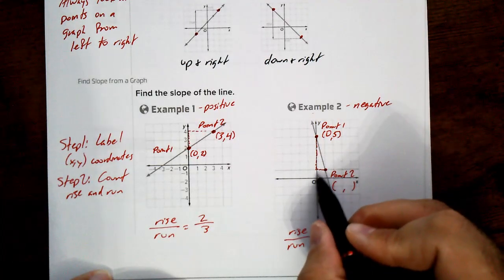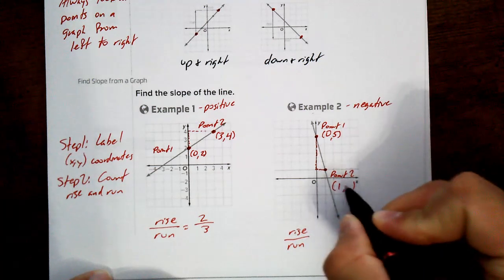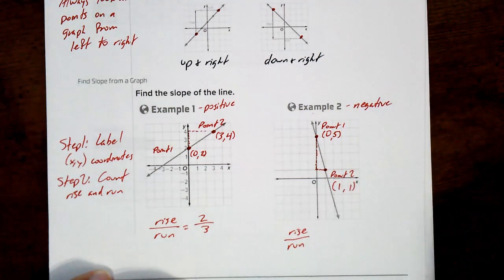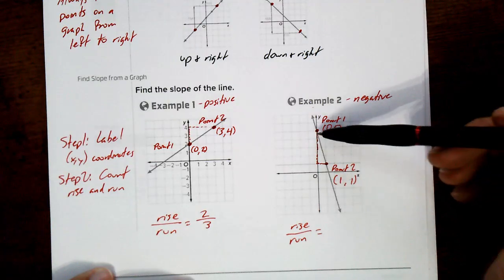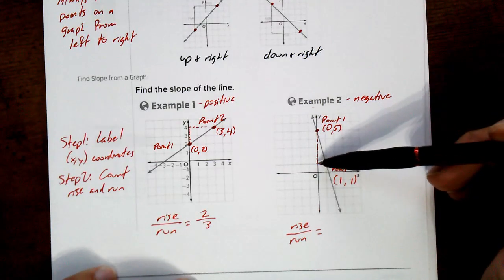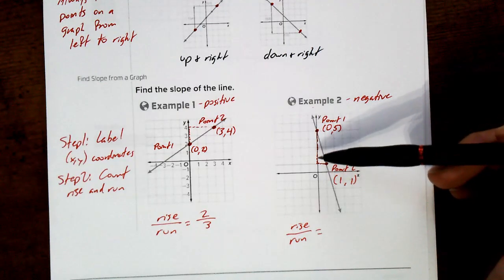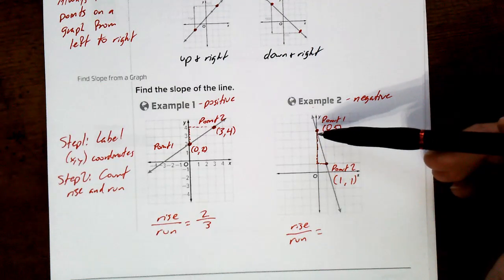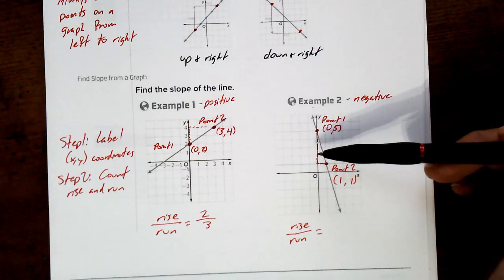How about point 2? Where's this at? Well, that's 1 over and 1 up. So 1 and 1. How about our rise and run? This time we're going down. So would that number be positive or negative? Well, if we go down, we're looking at negative.